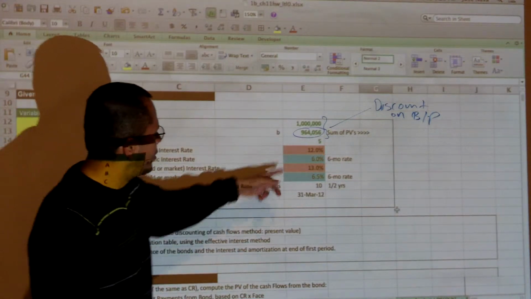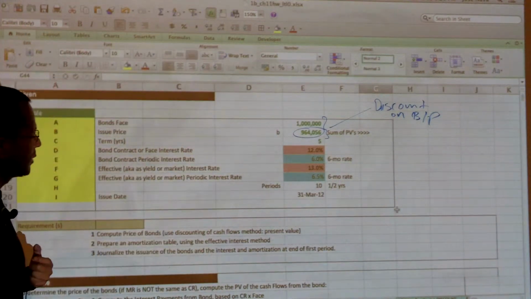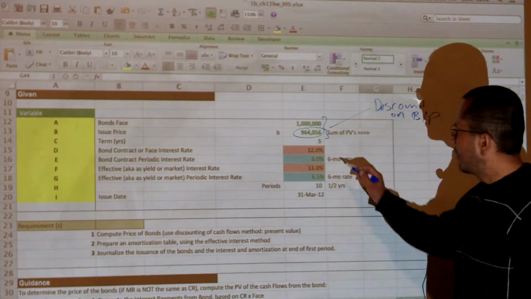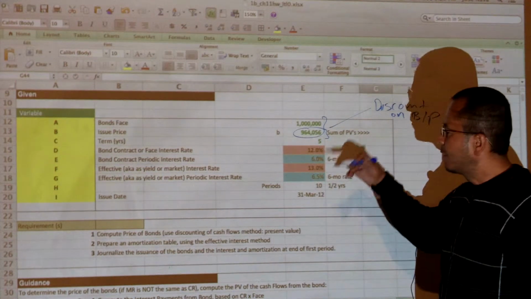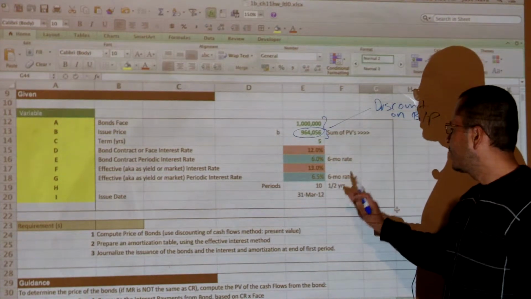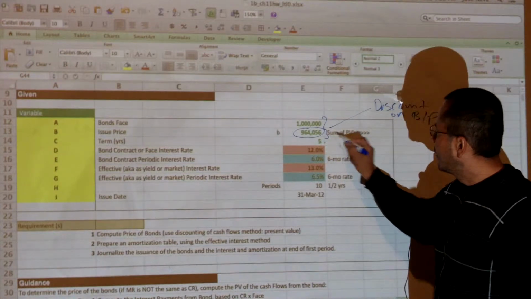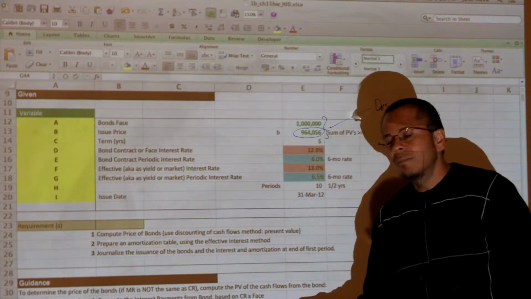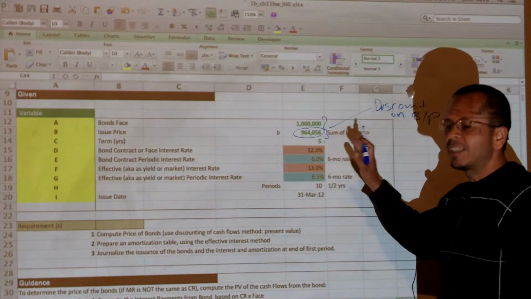But it's not that easy to just say that's the amount. You have to actually calculate something, and I'll show you how to do it. Now, to do that calculation, you will have to realize that we're using periods of 6 months. So the term of the bonds are 5 years. The interest payments made on these bonds to the investor are 6 months periods.